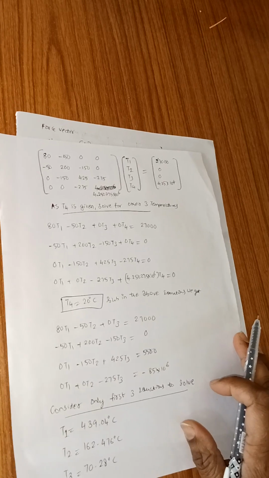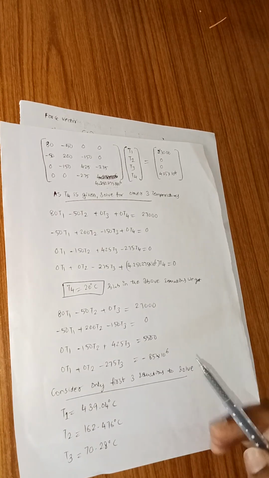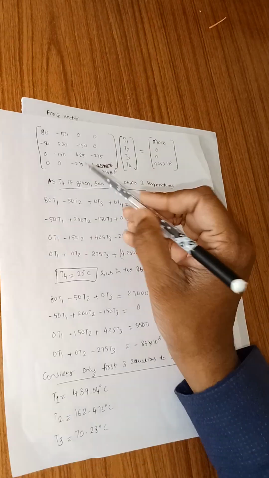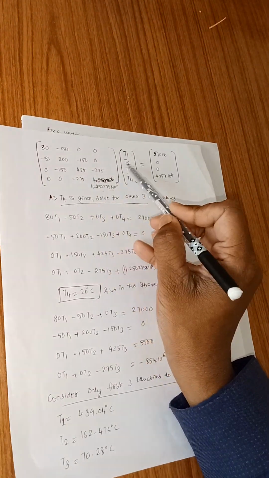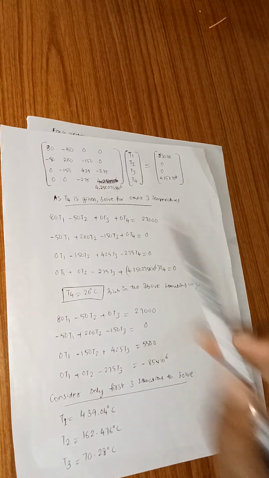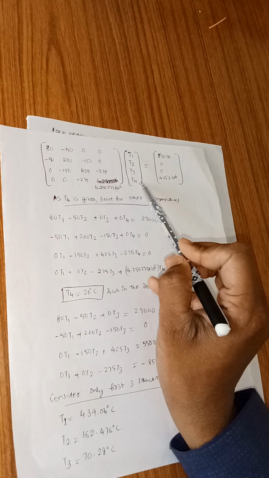Now after this, you're not going to eliminate any row or column because this problem is based on the penalty method. So as T4 is given, solve for the other three temperatures. That's what the question is. You can directly start doing the multiplication. So 80 into T1 minus 50 into T2, 0 into T3, 0 into T4. Let me write the four equations. Minus 50 into T1, 200 into T2, minus 150 into T3, 0 into T4.